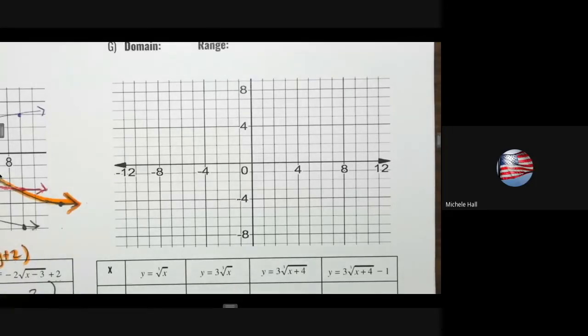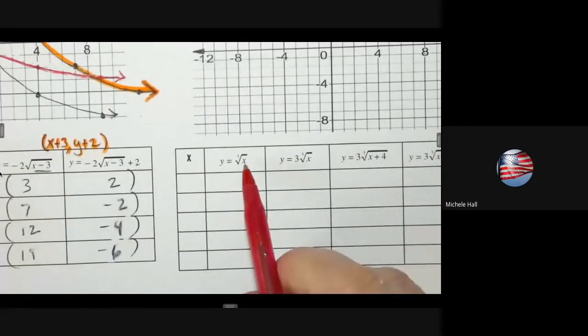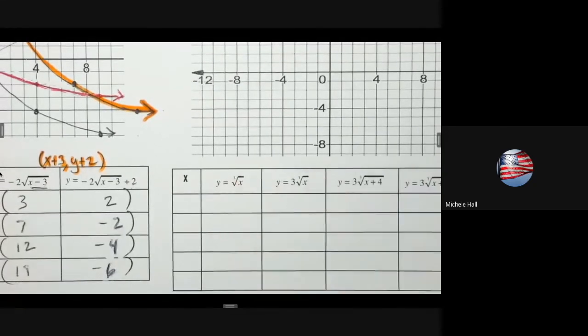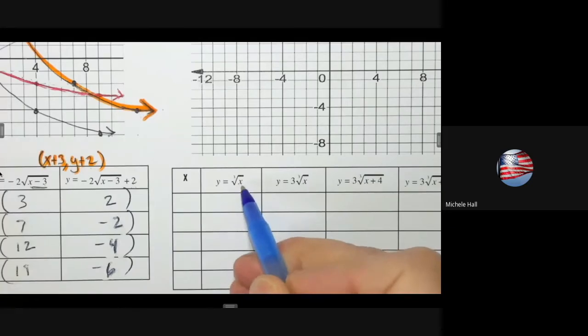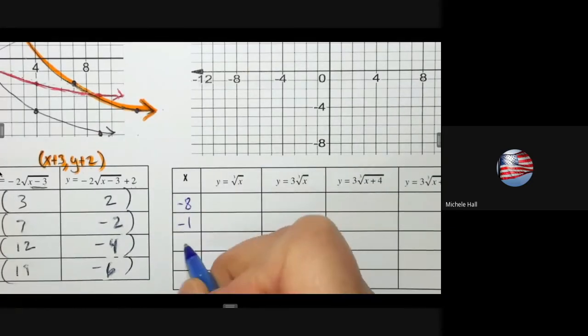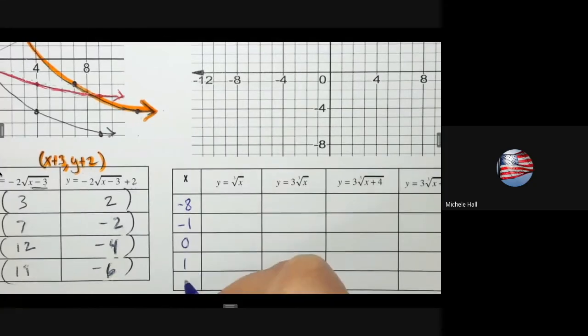We're going to start with our original, which is always good to see. We have an odd function, and so we know that negatives are okay in the odd function. We have a cubed root, and negative numbers are fine with an odd degree. The cubed root of negative 8 works out evenly. The cubed root of 1 works out evenly.